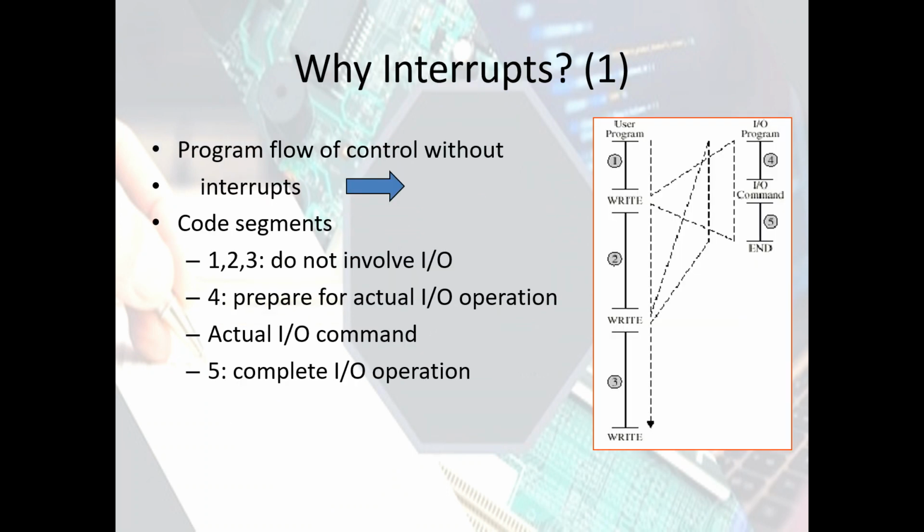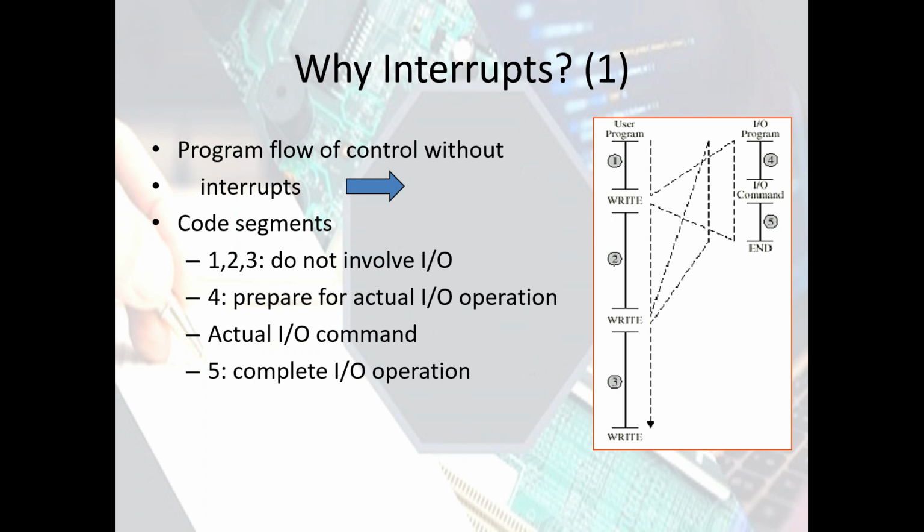Program flow of control without interrupts refers to the sequential and uninterrupted execution of instructions in a computer program. In simpler terms, when a program runs without interruptions, each instruction is executed one after the other in a linear fashion. The program proceeds through its code, completing each task or operation before moving on to the next.